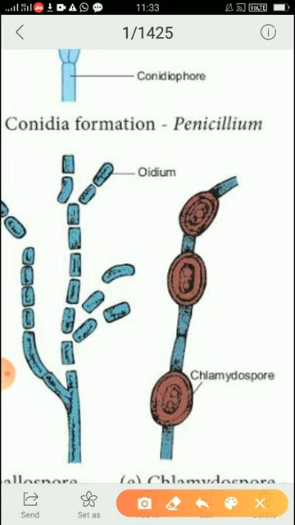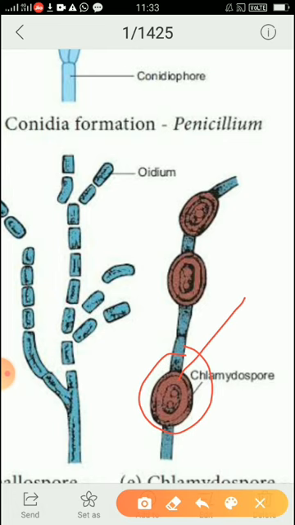These chlamydospores are forming. The hyphal cells store reserve food, and after storing reserve food it will round off and secrete a thick wall to form chlamydospores. In this way only chlamydospores are forming. When favorable conditions come, each chlamydospore germinates into a mycelium.